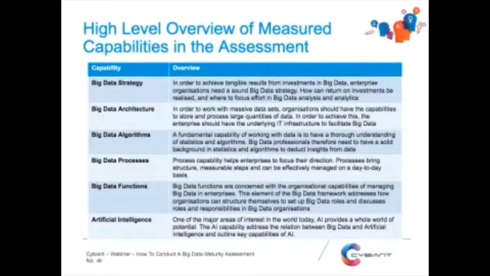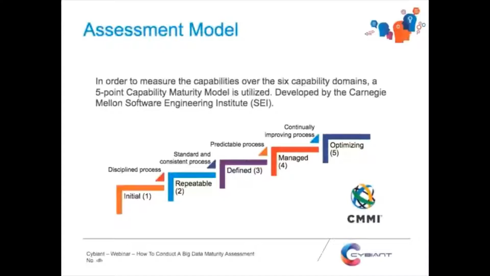The next question then, of course, becomes, how do we measure? In order to do a particular assessment, you always need an assessment model. Now, there are a great number of assessment models out there in the world, most of which are very relevant to a specific industry. The assessment model that we've chosen, which is very closely related to other assessment models within the IT industry, is the Capability Maturity Model Integration, which was developed by the Carnegie Mellon Software Engineering Institute and is better known as CMMI.